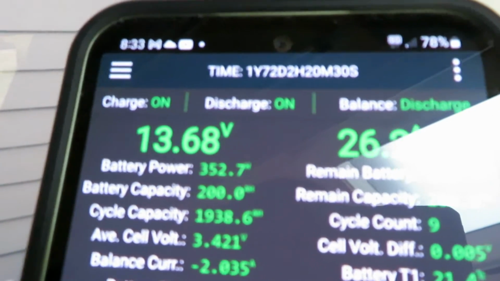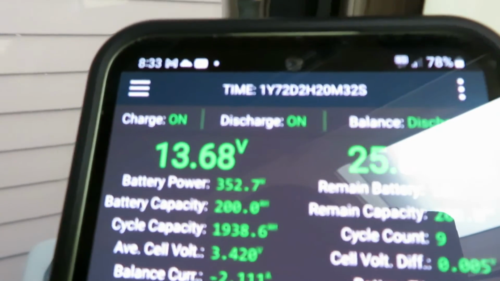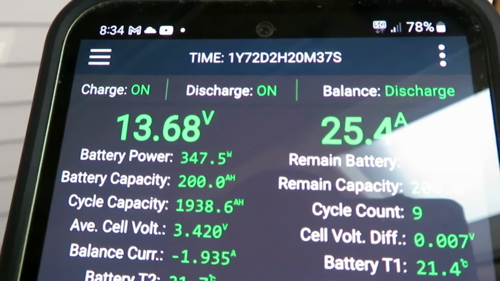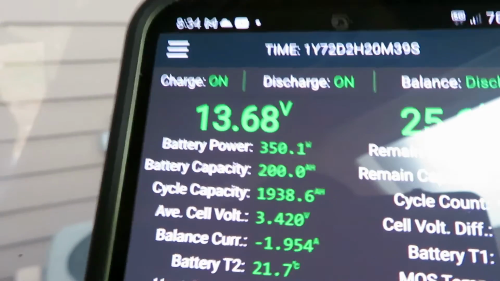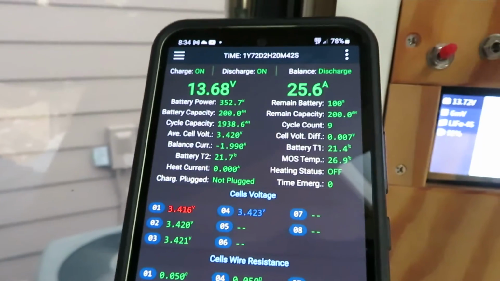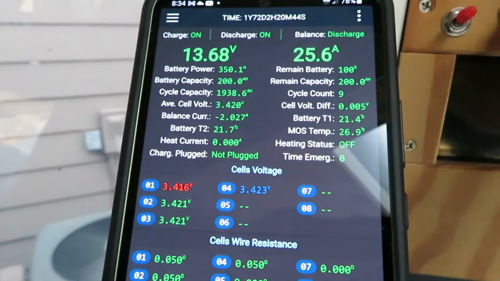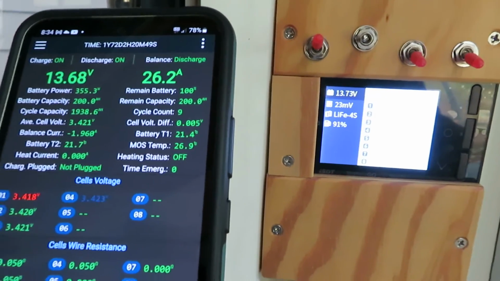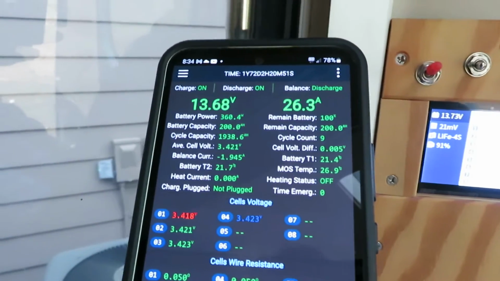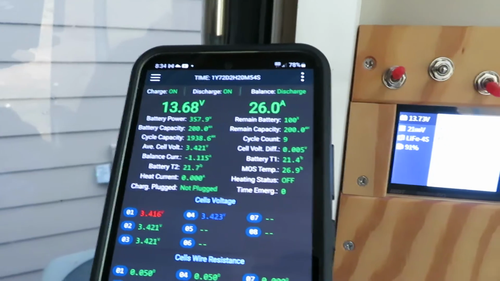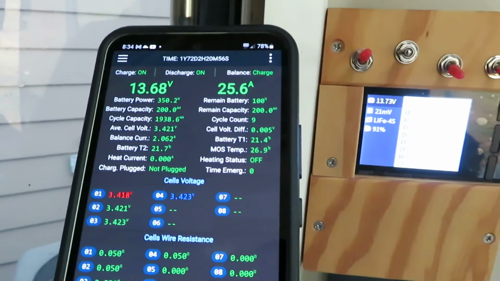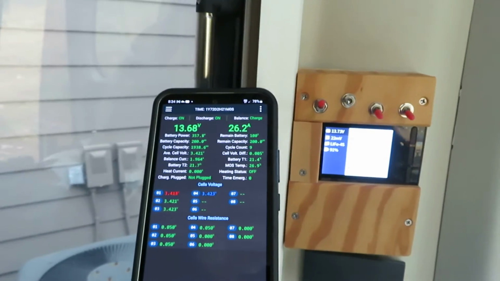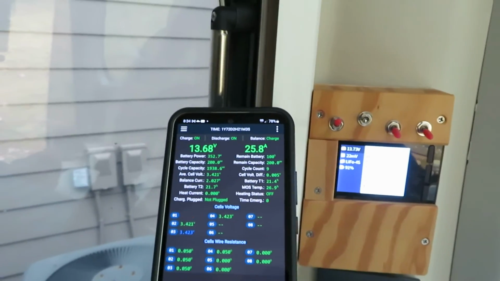That is not very accurate because it's still charging at 26 amp roughly. So it continues to be charged, and let's charge it a little bit more before I shut off the engine.